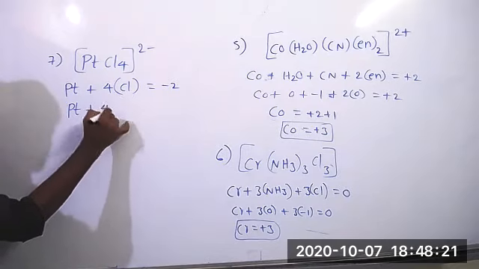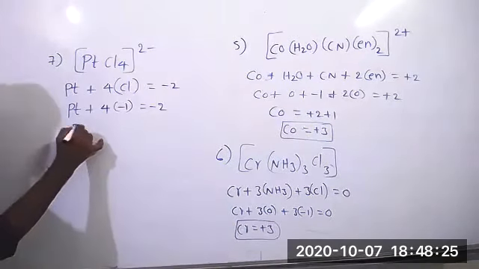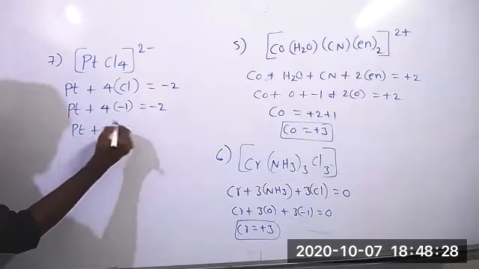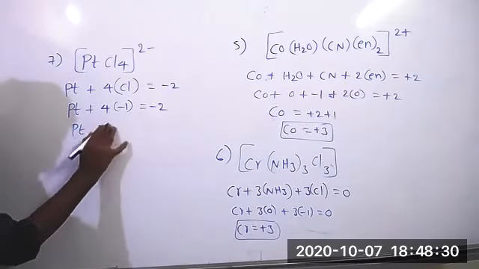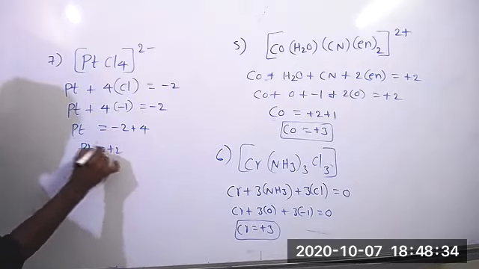Platinum plus 4 chlorine is -1 equal to -2. Platinum -4, okay, equal to -2, so platinum equals -2 plus 4, which is plus 2.